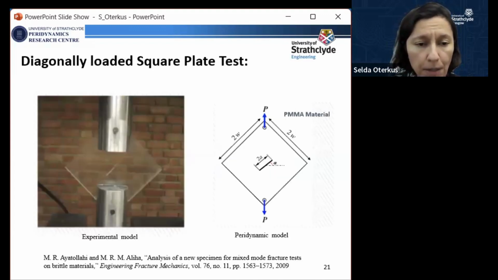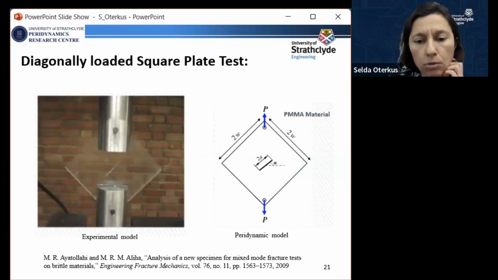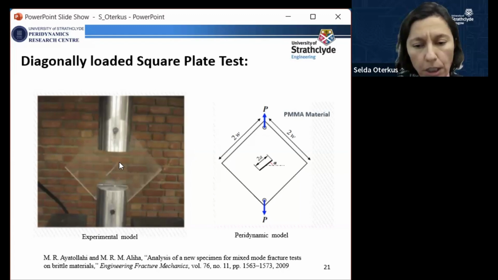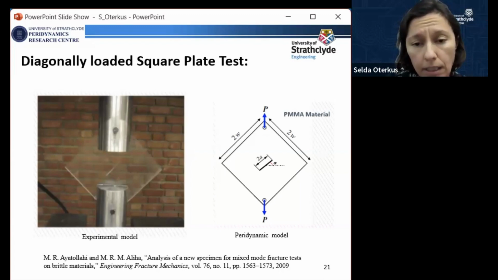So this is another benchmark case for demonstration purposes. Here we have the chance to compare one-to-one with an experimental study. In this case, there is a plate made of PMMA and there is an initial crack. This was done by previous researchers. They changed the orientation of the initial crack and pulled the plate diagonally and observed how the crack would propagate.